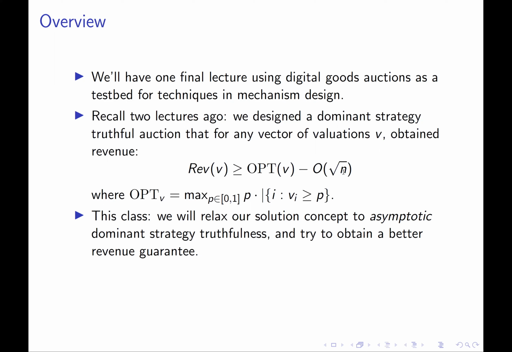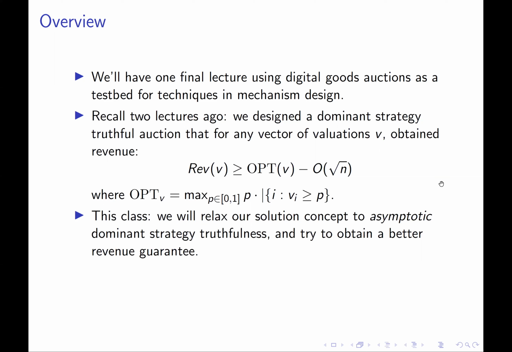And what we're going to give up is exact dominant strategy truthfulness. Instead, we'll try to get approximate dominant strategy truthfulness. And since we're talking about asymptotics in the error, we can also talk about asymptotics in the approximation to dominant strategy truthfulness. We can ask for something that I'll call asymptotic dominant strategy truthfulness, where maybe we will say that it is an epsilon approximate dominant strategy for bidders to bid truthfully, where epsilon is also a parameter that goes to 0 as the number of bidders n grows large.